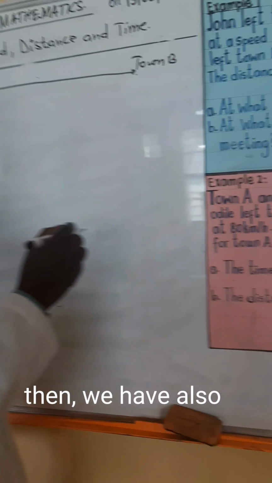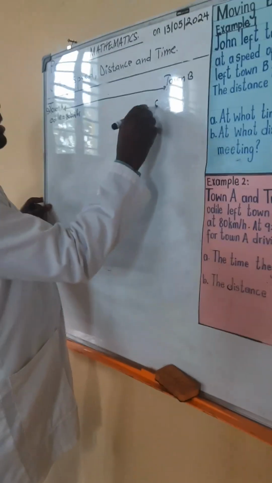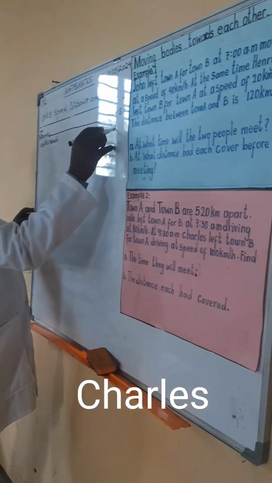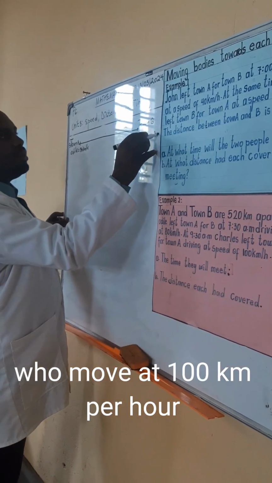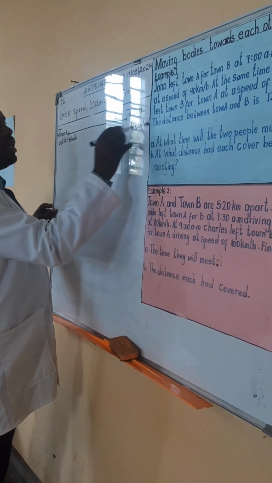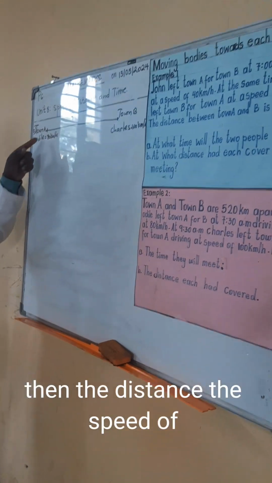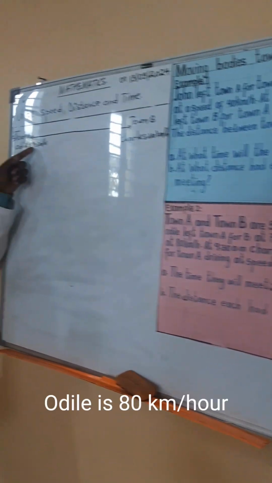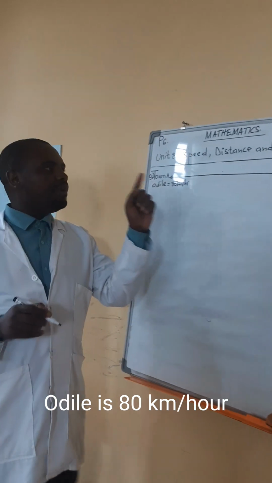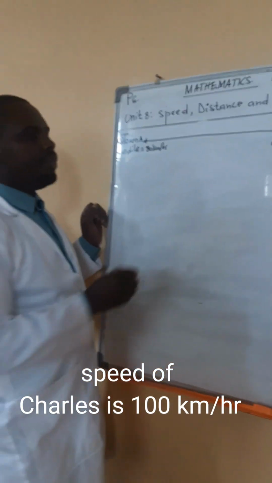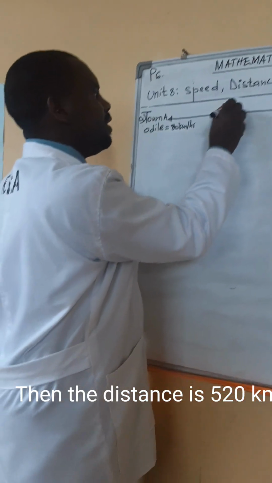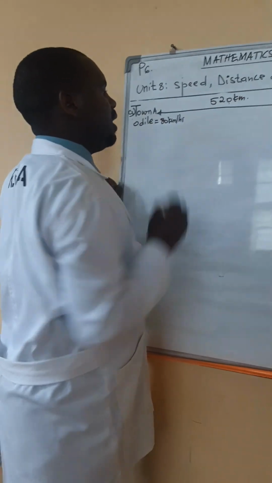Then we have also Charles who move at 100 kilometer per hour. Then the speed of Odila is 80 km per hour. Speed of Charles is 100 km per hour. Then the distance is 520 kilometers.